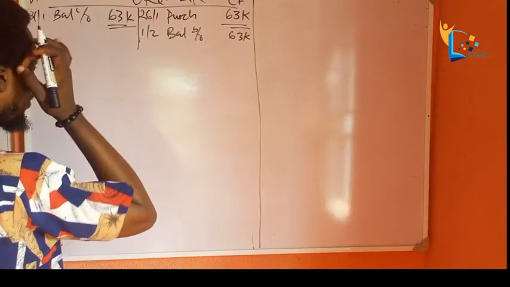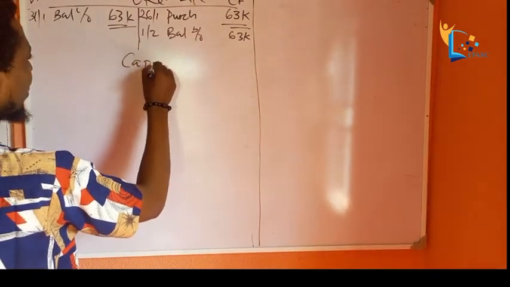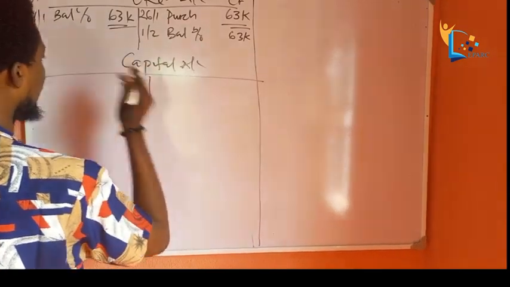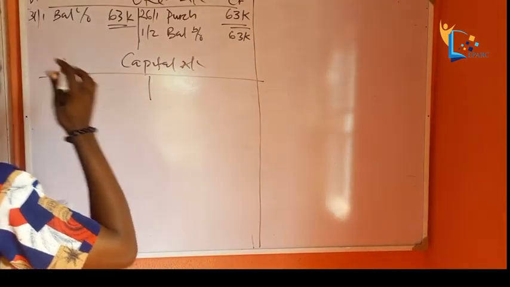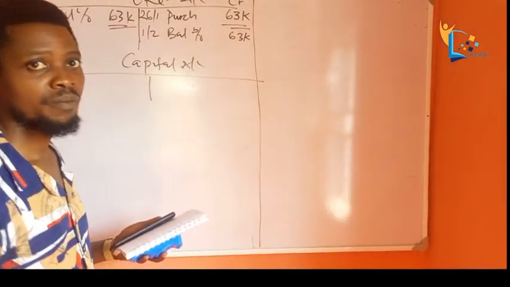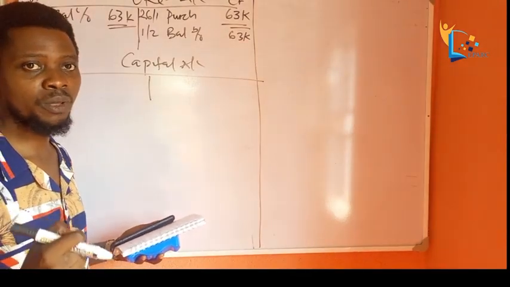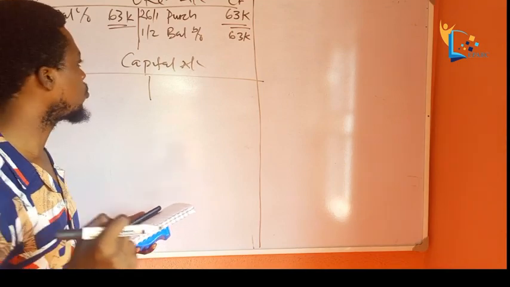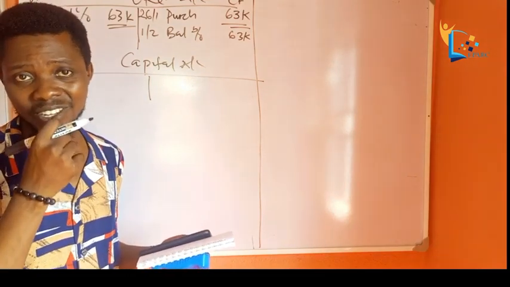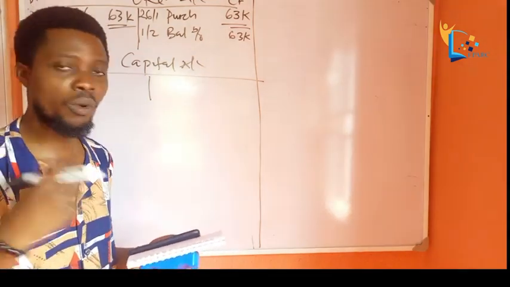So we have a capital account. We commence business on the 1st of January, where we use our bank balance to start this business. Capital is what is used in starting a business. If you go to our question, you see it.